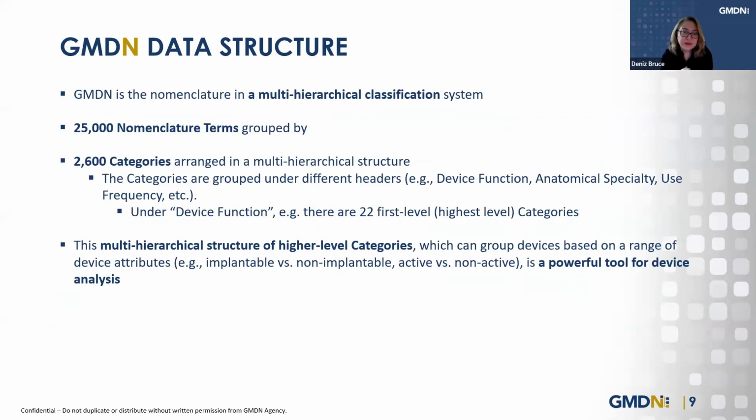The categories are grouped under different headers like device function and anatomical specialty, but also give a lot of information in terms of other attributes, like whether it's implantable or not implantable, the power, active or non-active, and I will show you an example in a minute.